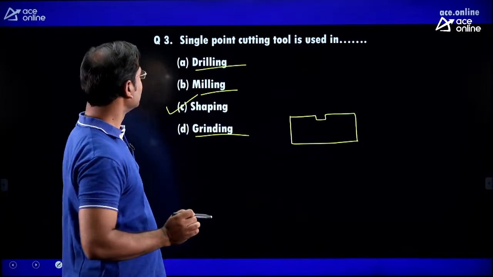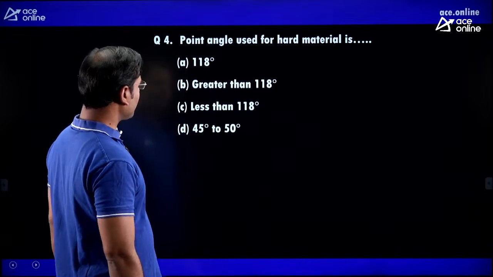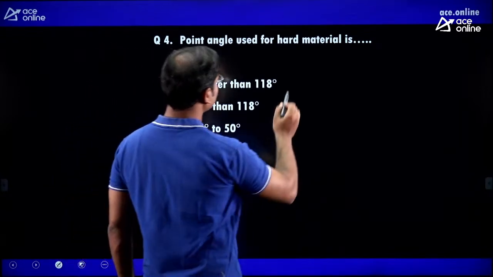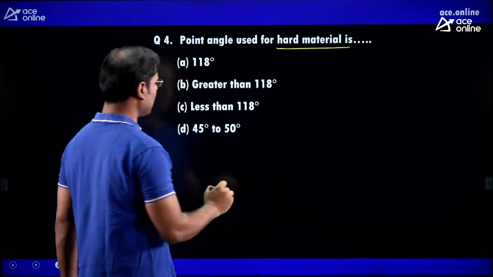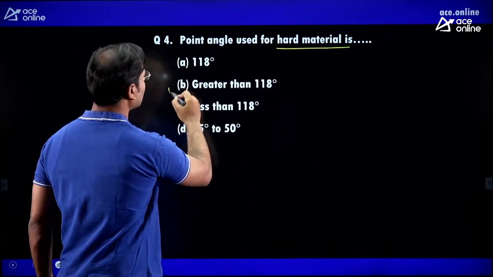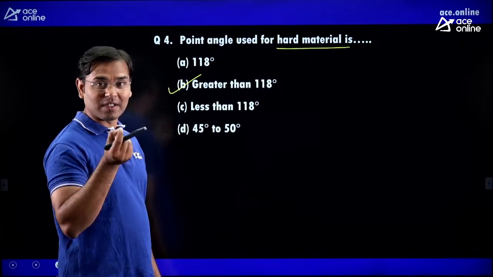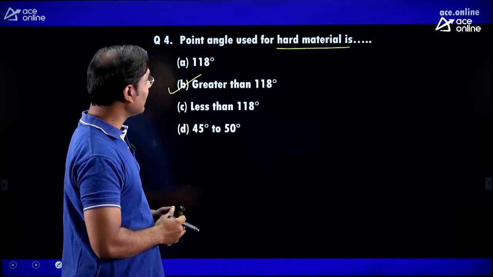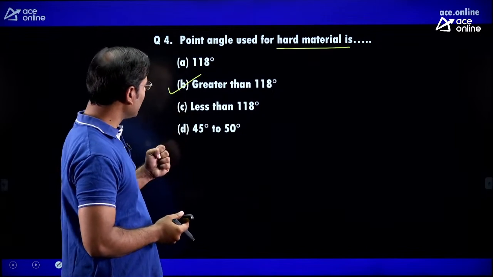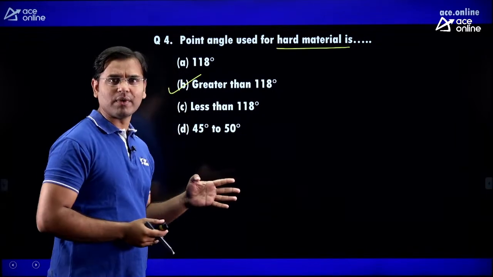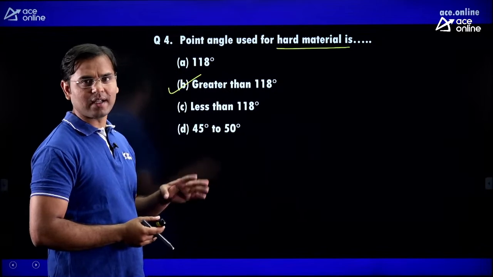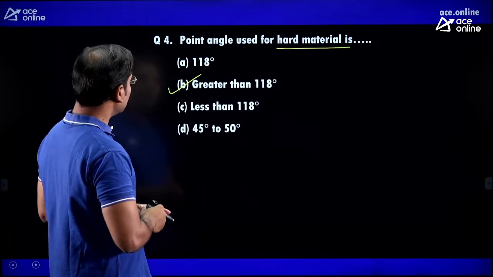Yes, point angle used for hard material. You can see that the point angle used for hard material is greater than 118 degrees. For the drill tool we are using the point angle, and for hard material we use a point angle greater than 118 degrees.